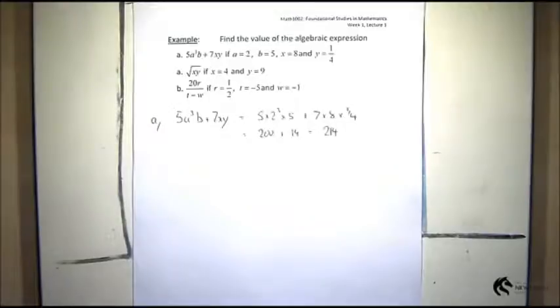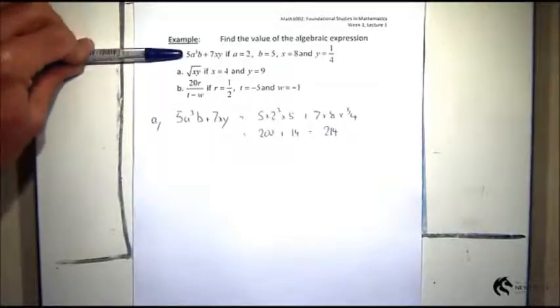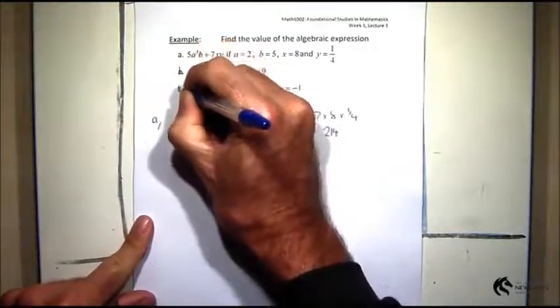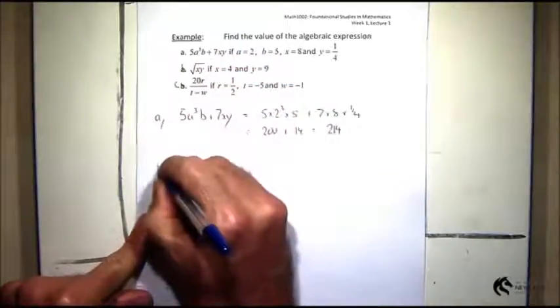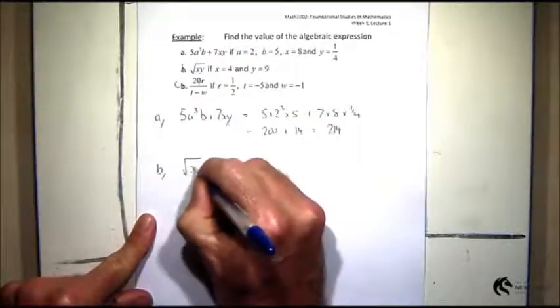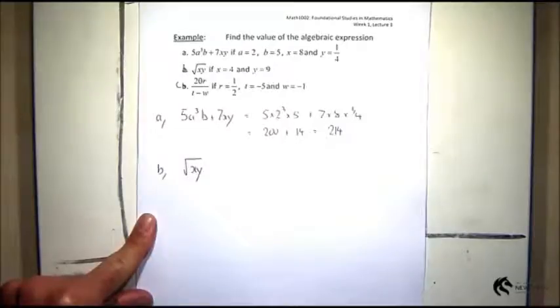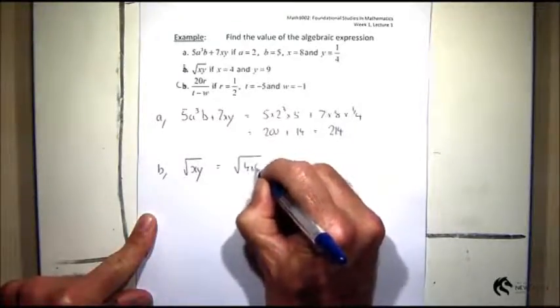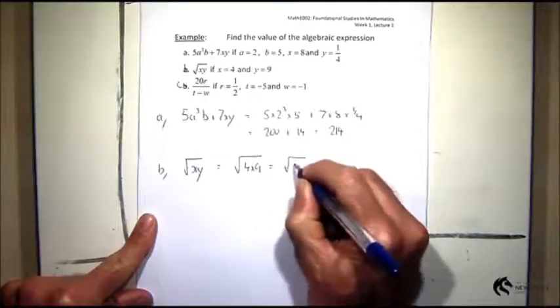Algebraic expressions, of course, don't have to just involve multiplications and additions. They can have all sorts of other things in them. For example, here, that's supposed to be a b and a c in there, obviously. Here in part b, this says find the square root of x times y. And that means here the square root of 4 times 9. 4 9s are 36.